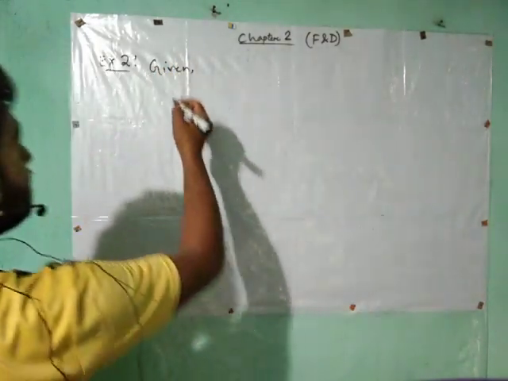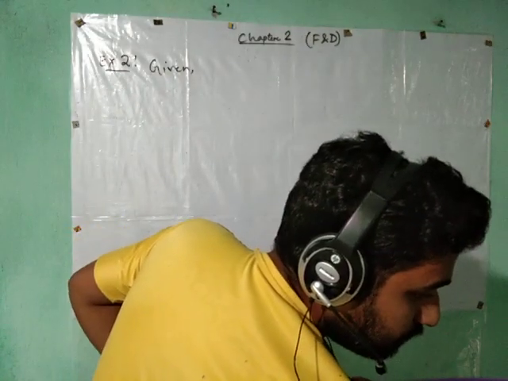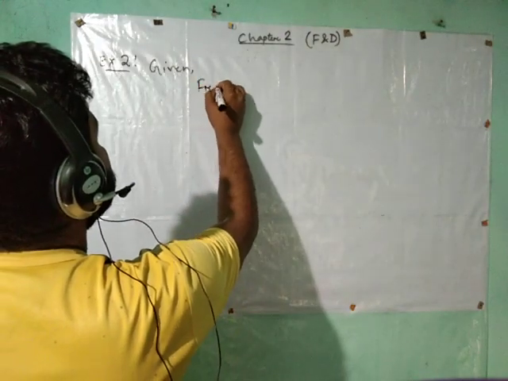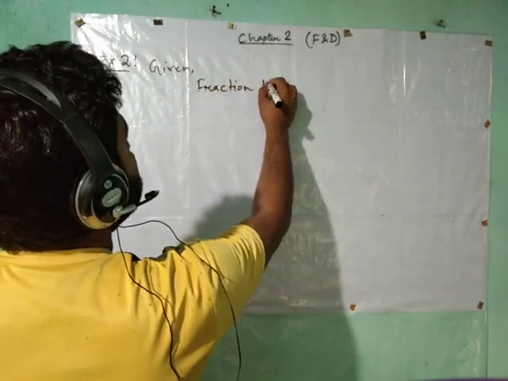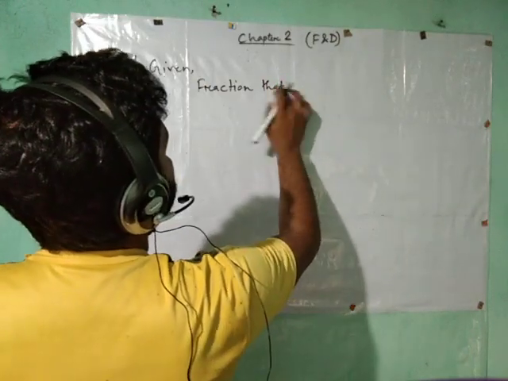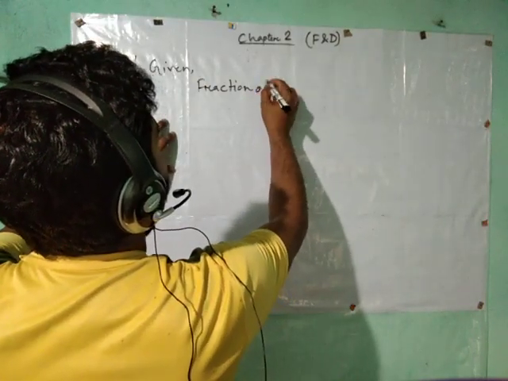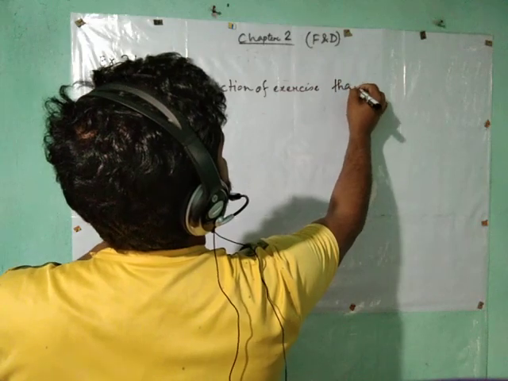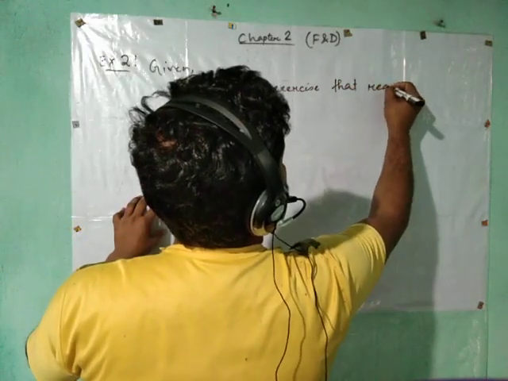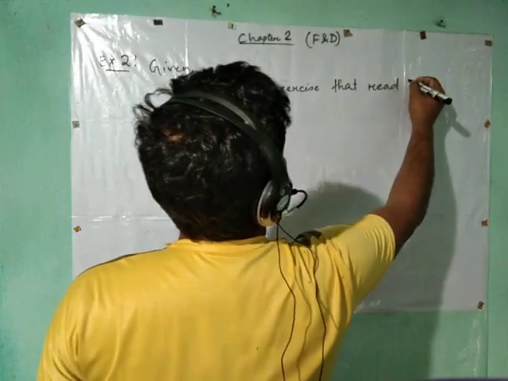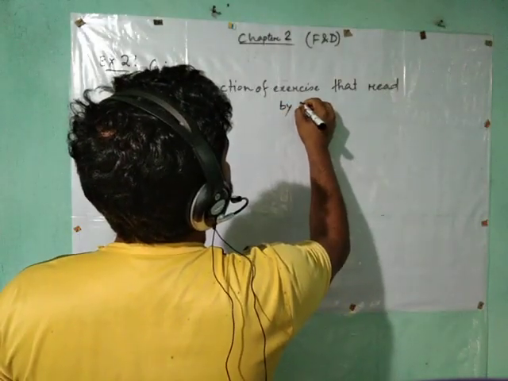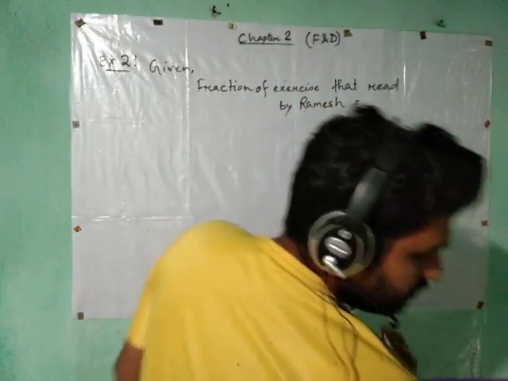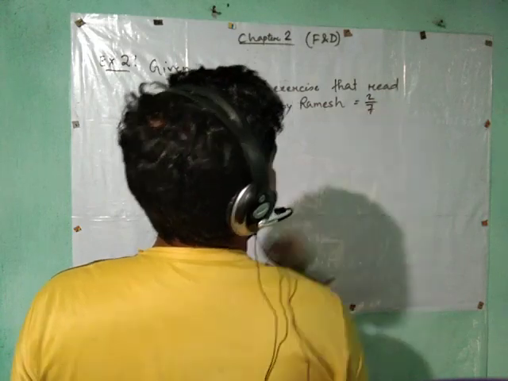Given: the fraction of the exercise read by Ramesh equals 2/7.